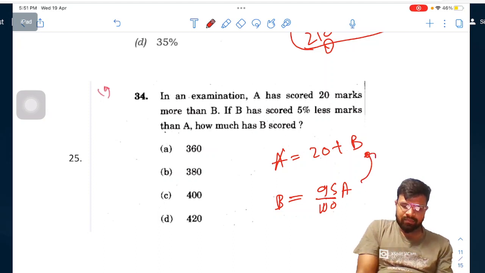we will put this as A minus 20 is equal to 95 by 100 into A. This is nothing but 19 by 20. So 20A minus 400 is equal to 19A.